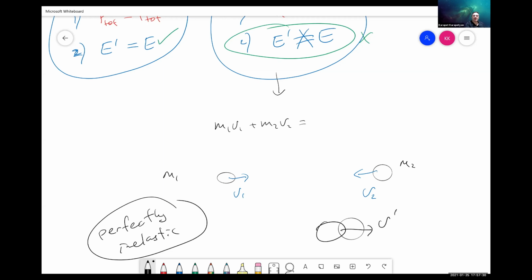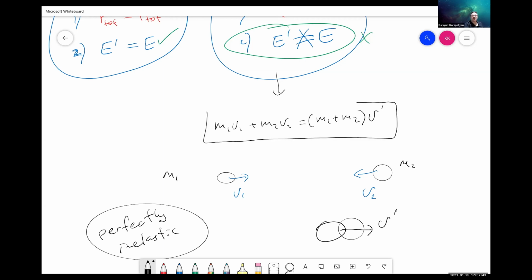So perfectly inelastic. That means after the collision, I have one object with combined mass times v prime. Okay. So this is the equation of a perfectly inelastic collision where objects stick together. That means there's only one final velocity and they're both going to be moving at that same final velocity.